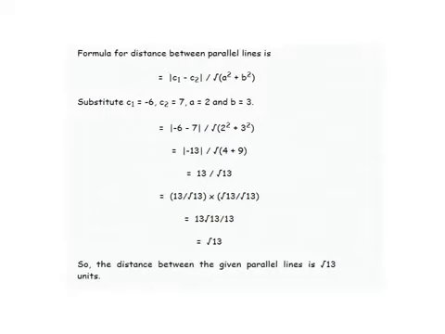Which is equal to 13 by square root 13 multiplied by square root 13. Now solving the factor square root 13, we are left with square root 13. So the distance between the given parallel lines is square root 13 units. That shows that the parallel lines are square root 13 units apart.